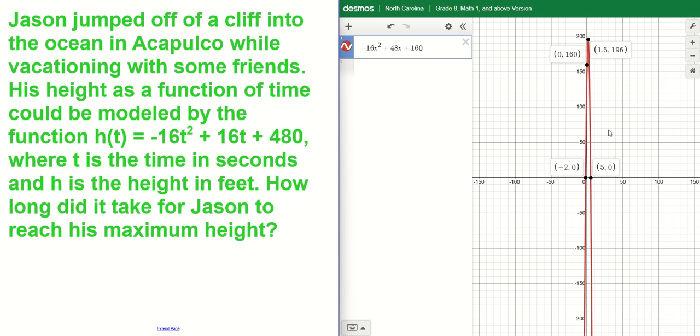One important thing with this one, you'll notice you got t as your variable in the function, right? T isn't going to work with Desmos. You got to use X. So to get it to show up on the graph, you got to use your X's and your Y's.